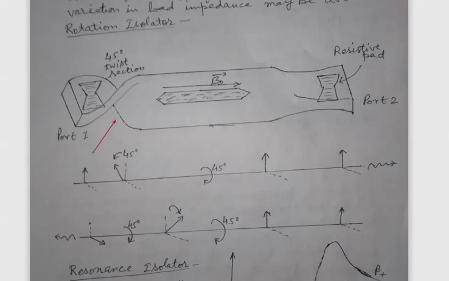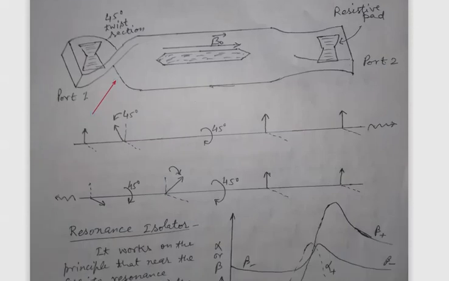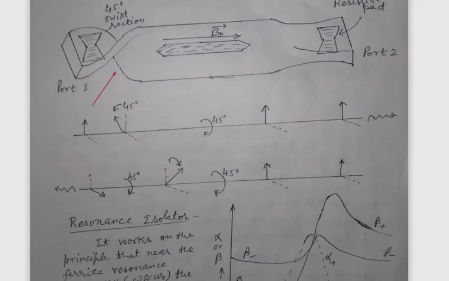In the middle of the circular waveguide, a ferrite rod is placed, which is magnetized by the static magnetic field B0, and the length of the rod is taken so as to produce a 45-degree Faraday rotation.